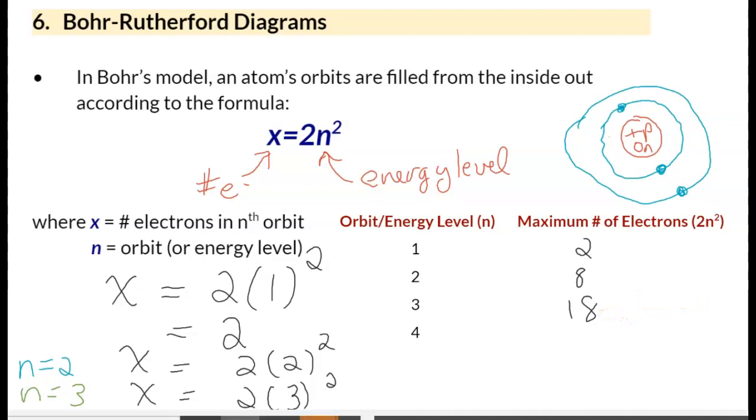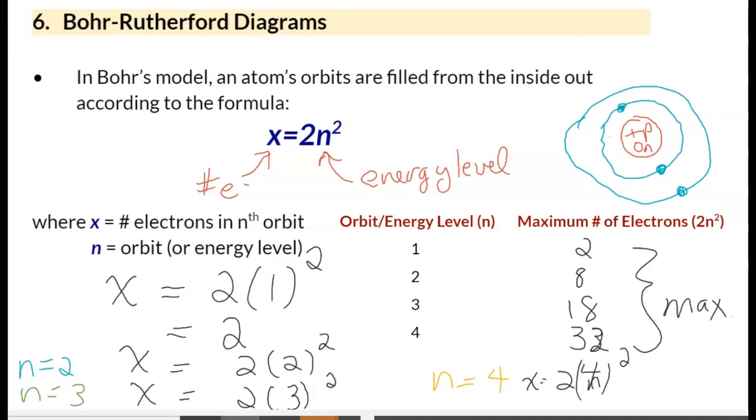And so if we continue this pattern, we'll see that when n is equal to 4, we end up with 2n squared, 2 times 4 squared, which will give us 32 overall. So this, of course, is describing the maximum number of electrons, not the number of electrons that will allow an atom to be stable.